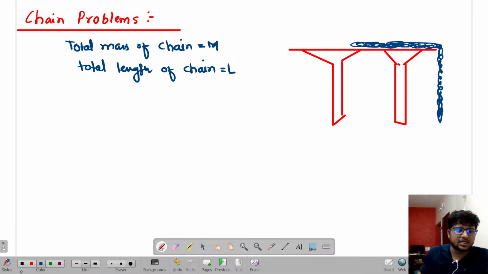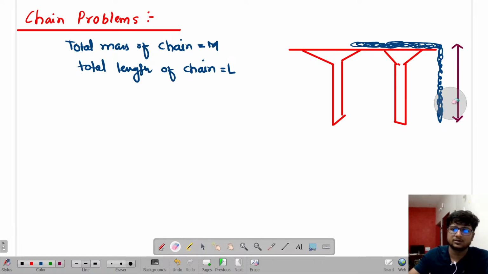The question arises: how much maximum length of the chain can hang from this table? So let's assume that this length is x, which can hang from the table.